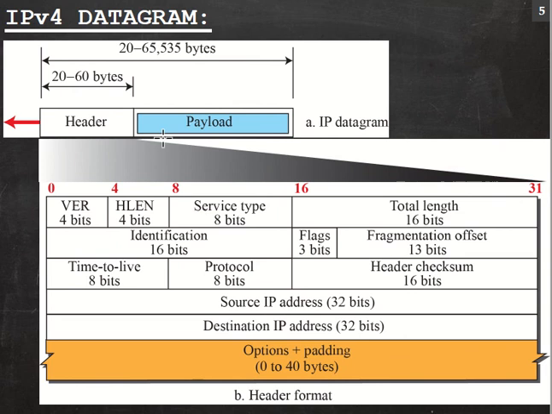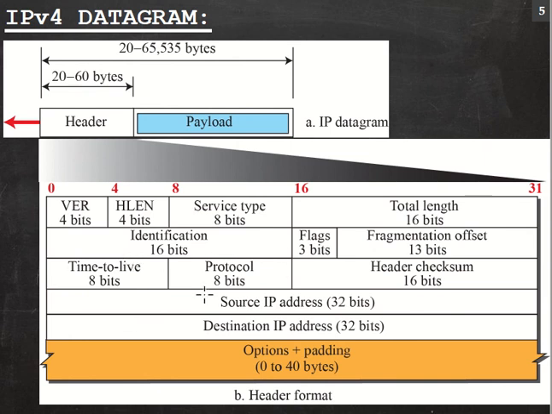All these three, that is identification, flag, as well as fragmentation offset, belong to the fragmentation of the IP datagram. The next field is time to live, the duration for which the packet will be alive, which is 8 bits.